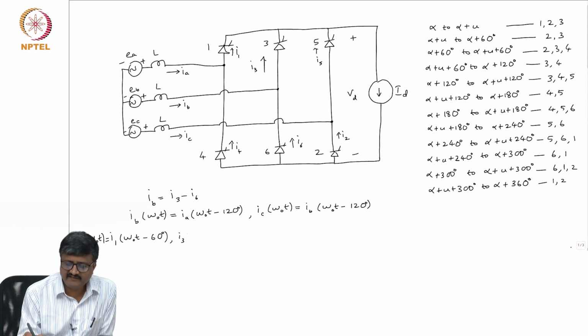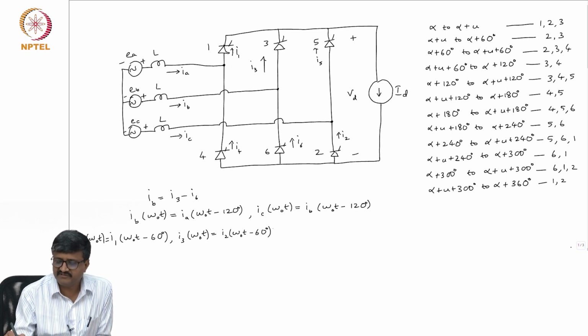And if I take I3, it is nothing but I2 of omega OT minus 60 degrees.